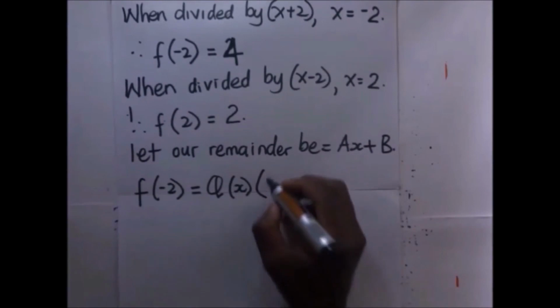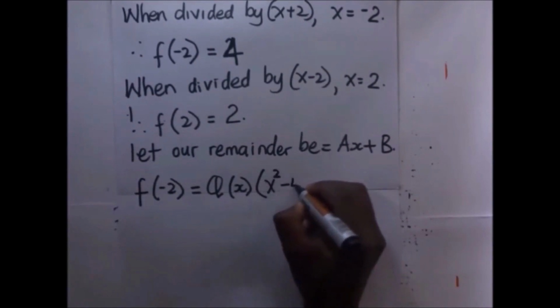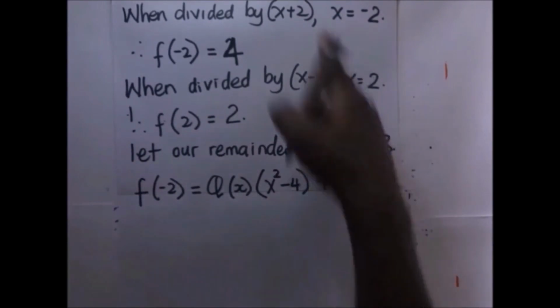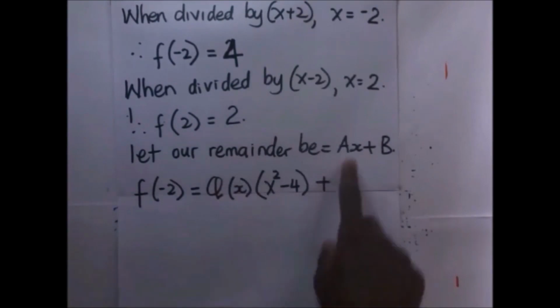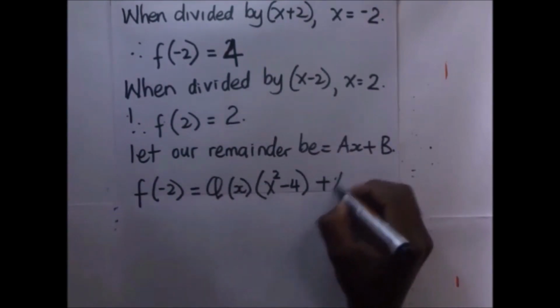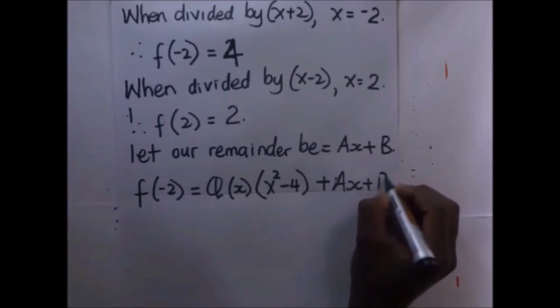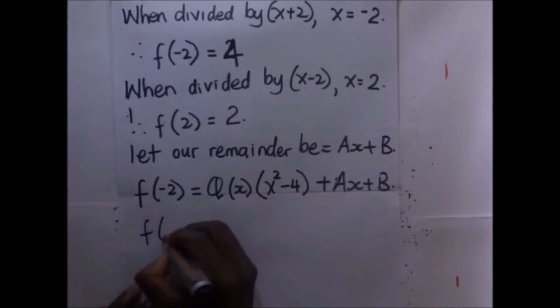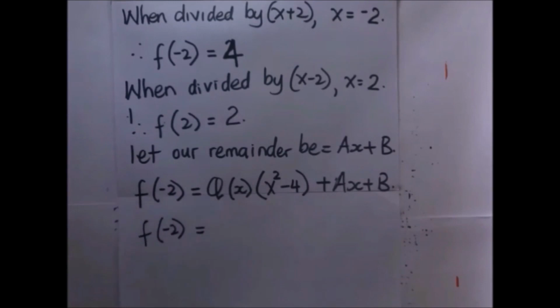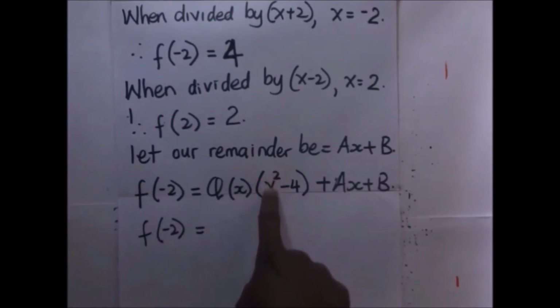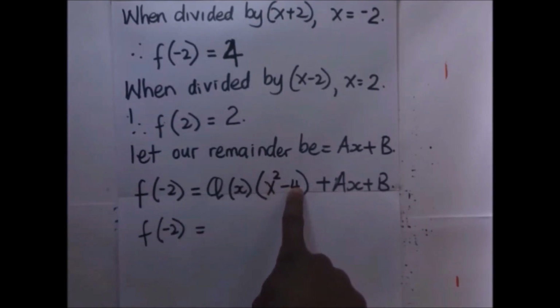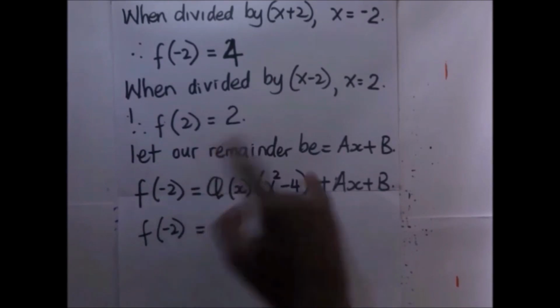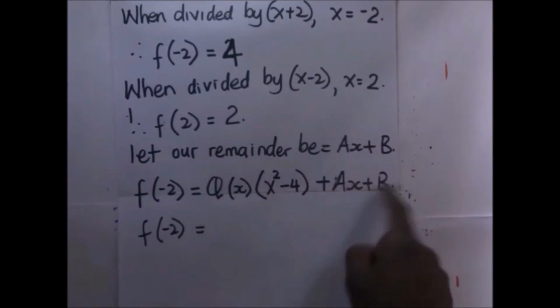So we multiply that by x squared minus 4, plus our remainder, which in this case is ax plus b, what we are looking for. So we start substituting. When x is negative 2, negative 2 squared is going to be 4. 4 minus 4 is going to be 0, so this whole term is going to die and we remain with negative 2a plus b.